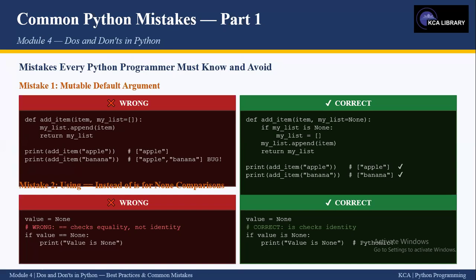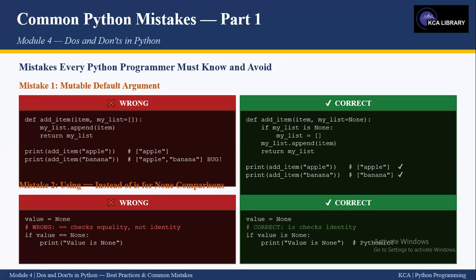For example, def add_item(item, my_list=[]): my_list.append(item) return my_list. print(add_item('apple')) gives apple. print(add_item('banana')).